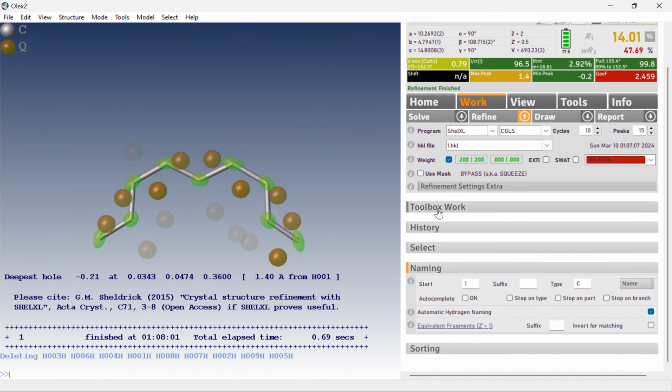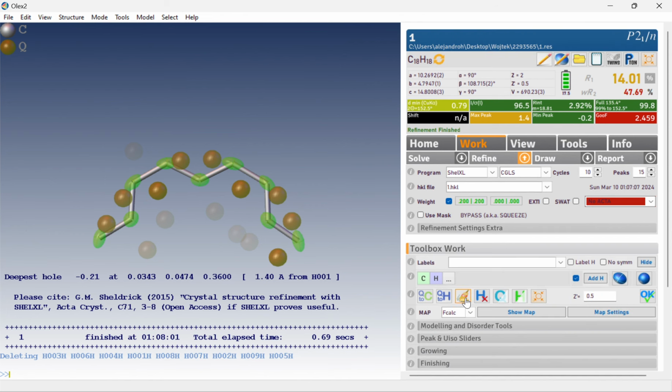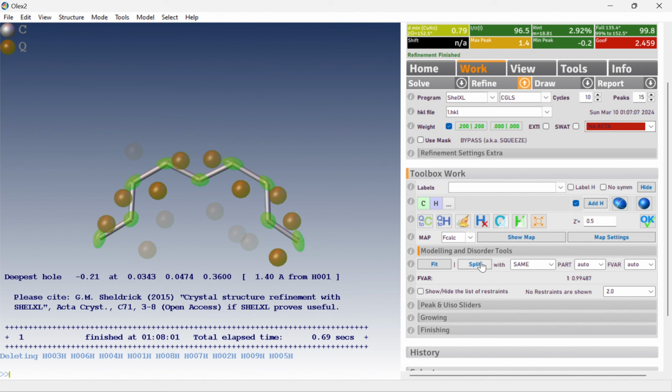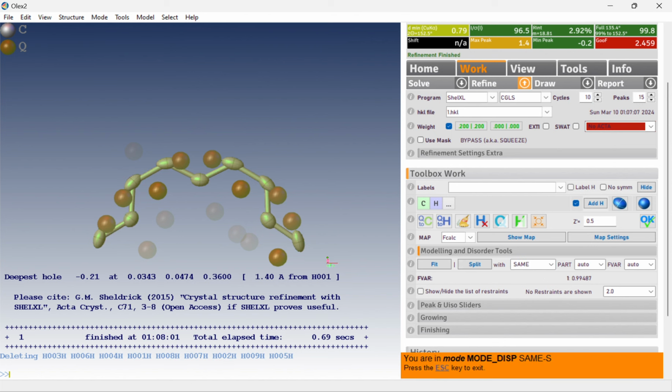So toolbox work, and there is a very nice set of disorder tools. So we're going to split these atoms, and at the same time we'll apply some restraints. Let's say we want to apply same restraints. Okay, let's split. And now using shift, if I just use my left mouse button and rotate the mouse, we can rotate it like this.